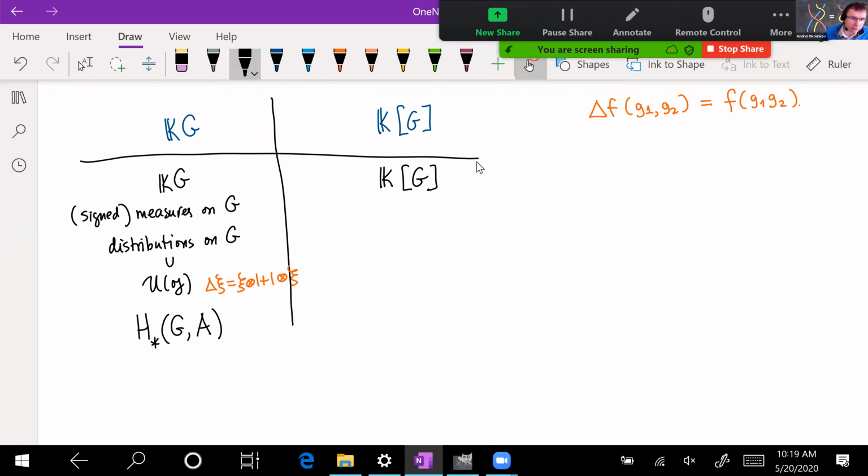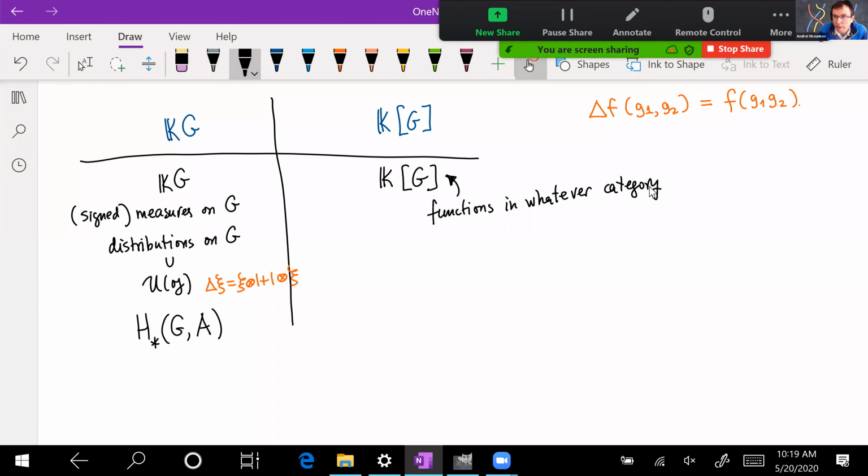And then on the dual side, we can take just functions in whatever category. If you had an algebraic group, you can take algebraic functions.